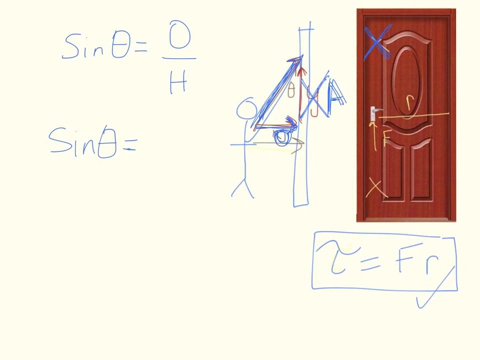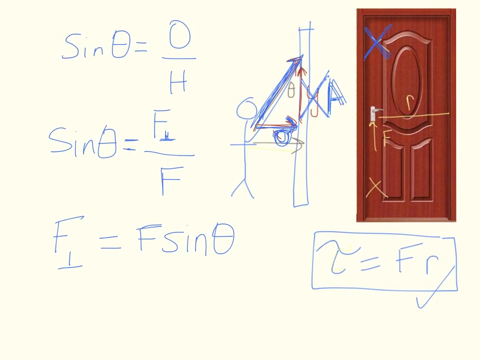So the opposite side is going to be the perpendicular component to the door, right? Because it's perpendicular to the door's surface, over the total force. So if I solve for that perpendicular component, I multiply by F, and it becomes F sine theta.